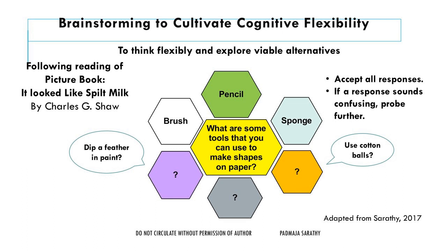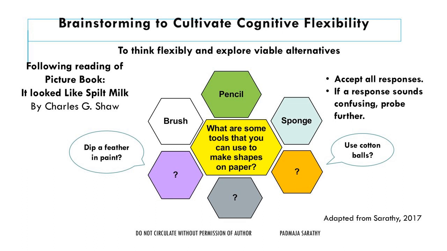And again, if a response sounds kind of confusing, you can ask the child to say it again. But accept all responses, because they can dip any type of item really into paint and make marks, and then follow it up with a hands-on activity immediately for them to use different tools to make shapes on paper.